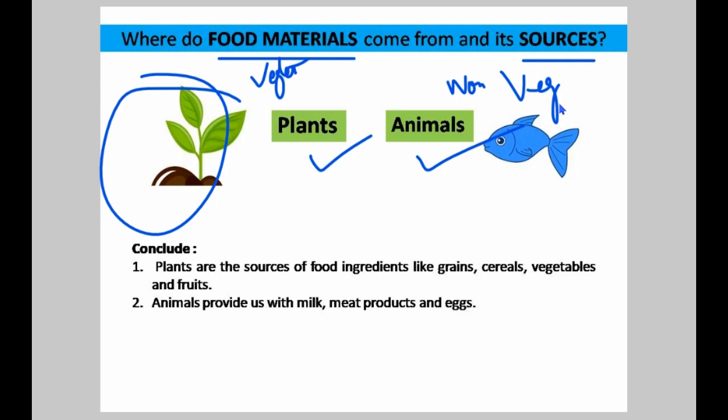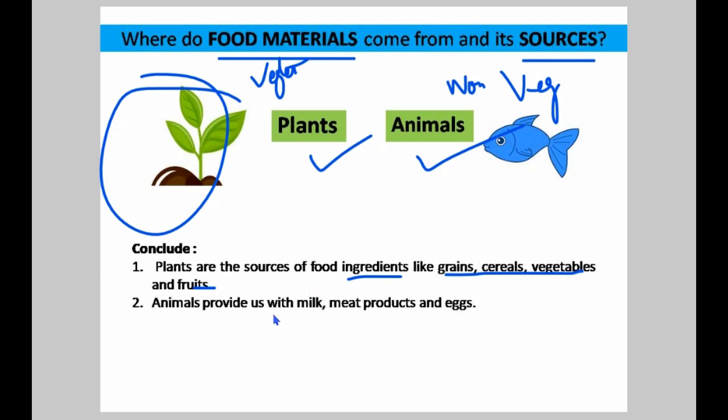तो ठीक है, now after talking about all this we have concluded that plants are the sources of food ingredients, like all the food ingredients involved in vegetarian food, such as grains, cereals, vegetables, fruits, pulses, and so many different things.